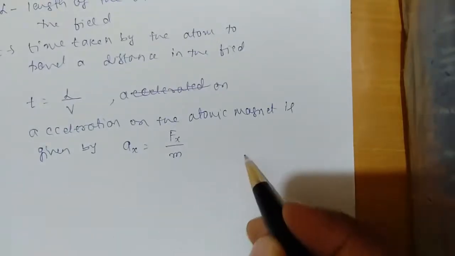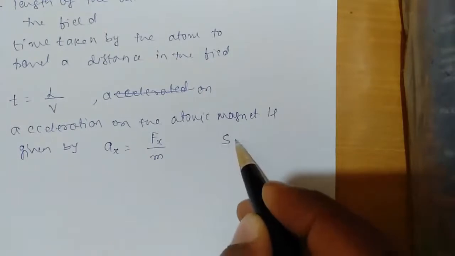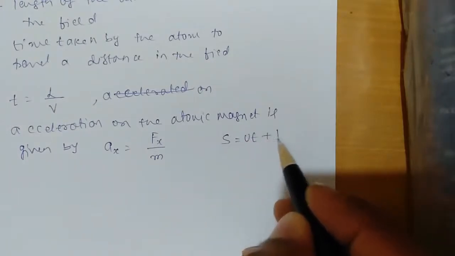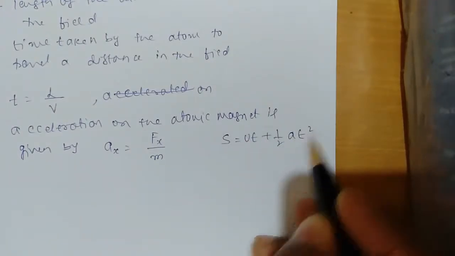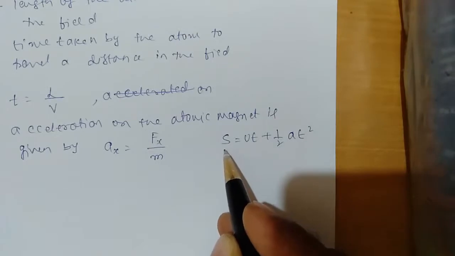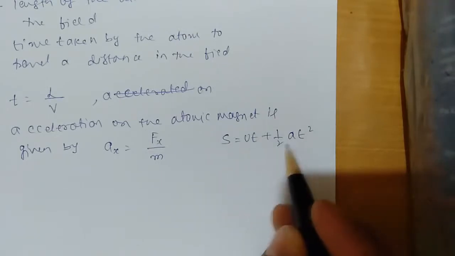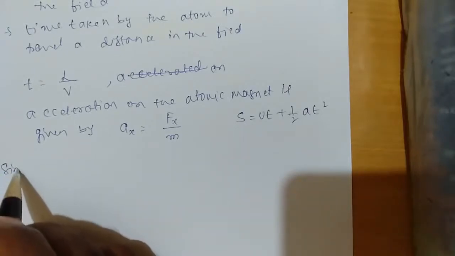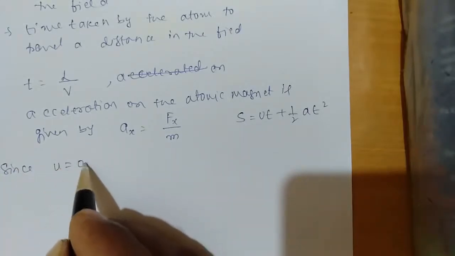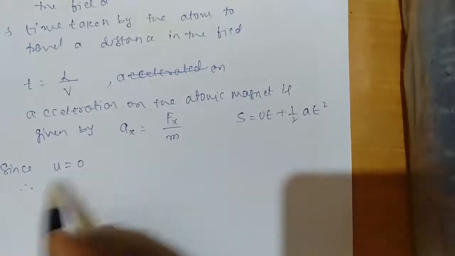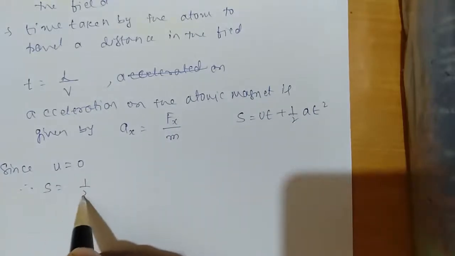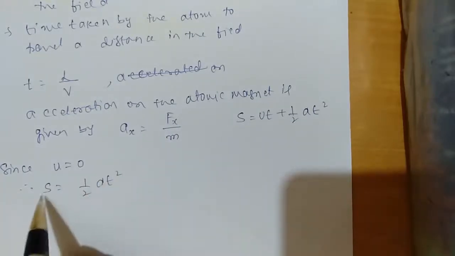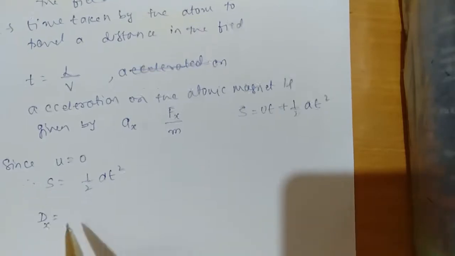And if I use S is equal to ut plus half at square, where S is the distance travelled, u is the initial velocity and a is the acceleration, since the initial velocity u is equal to 0, the displacement S will be equal to half at square. I will take this displacement in the x direction as dx.